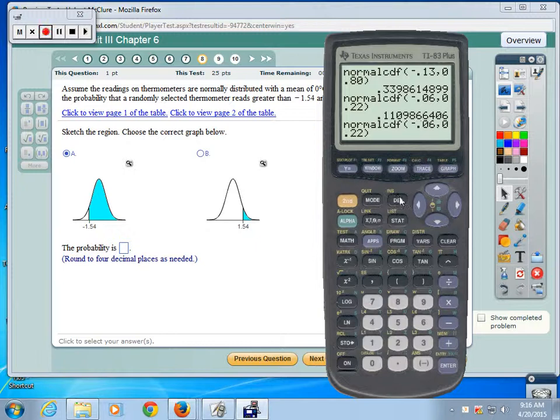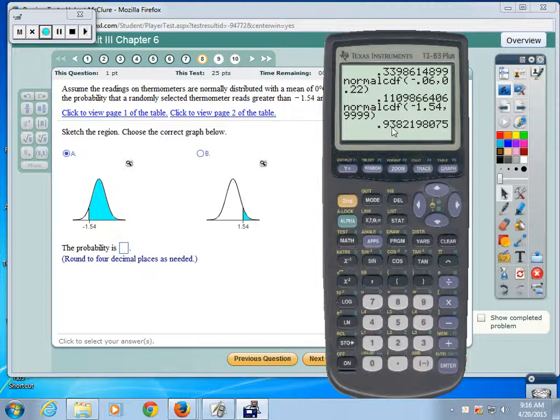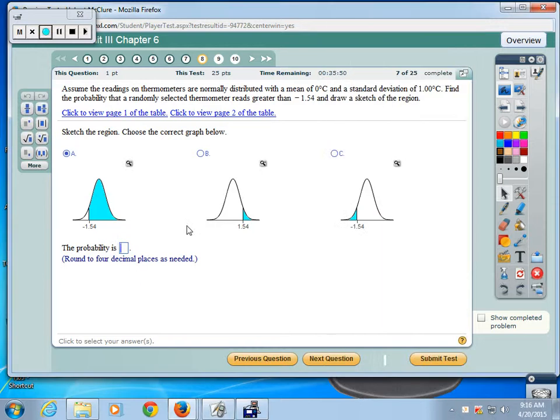Insert second function, delete, put 1 in there, point 5 4, to what? 9999. That's good, Hubert. Thank you, class. I get 0.9382. That should be what you get. 0.9382.